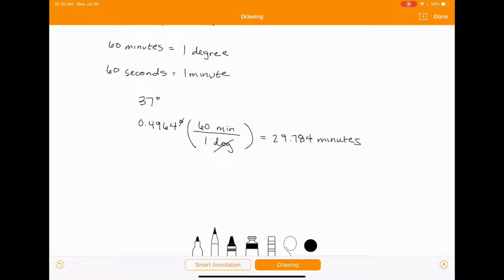So now we know that we have 37 degrees and 29 minutes plus 0.784 minutes, which can be converted to seconds because we know that there are 60 seconds in 1 minute.